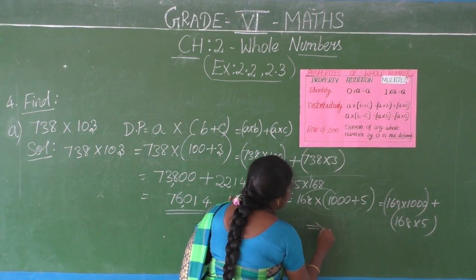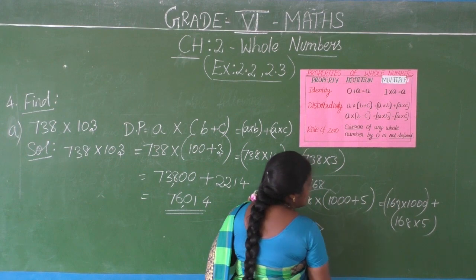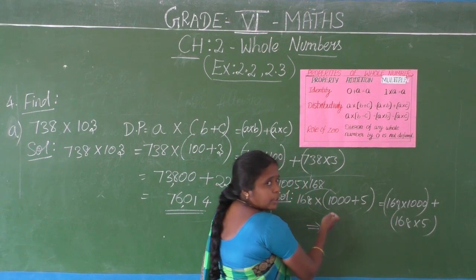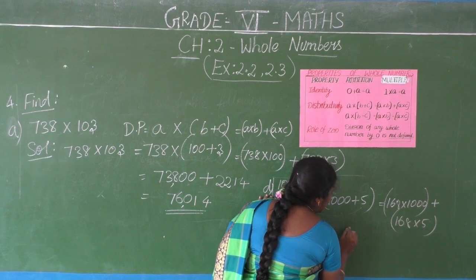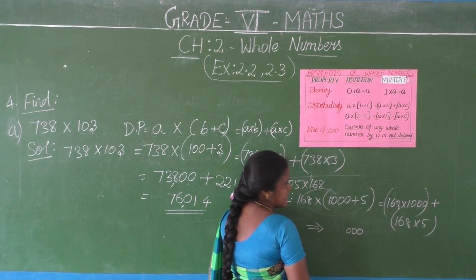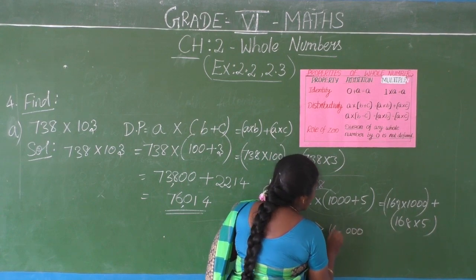So how does this into this come? 3 zeros you can see, 0 into anything, 0 only, no? So totally 3 zeros are there, add as it is. 1 into 168, 168.